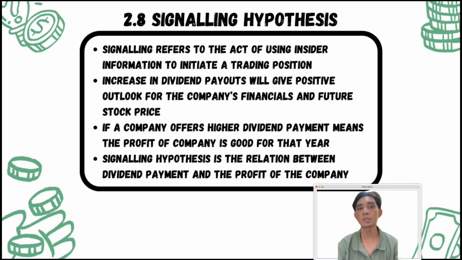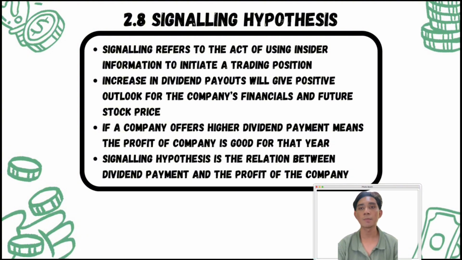Generally, an increase in dividend payout paints a positive outlook for the company's finances and future stock price, while a decrease in dividend payout may indicate hardship for the company's finances. Dividend signaling suggests that a company that pays higher dividends will be more profitable.